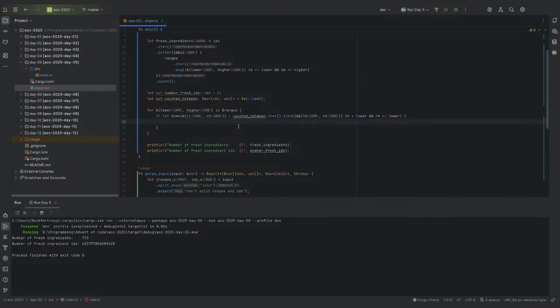Because what I need here is the difference between the highest bound here, lower bound here, so that would be the amount of overlap there is.